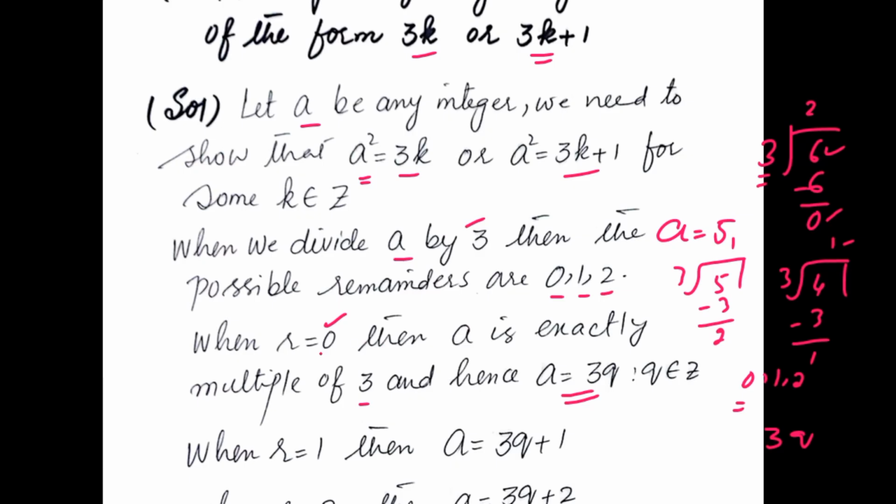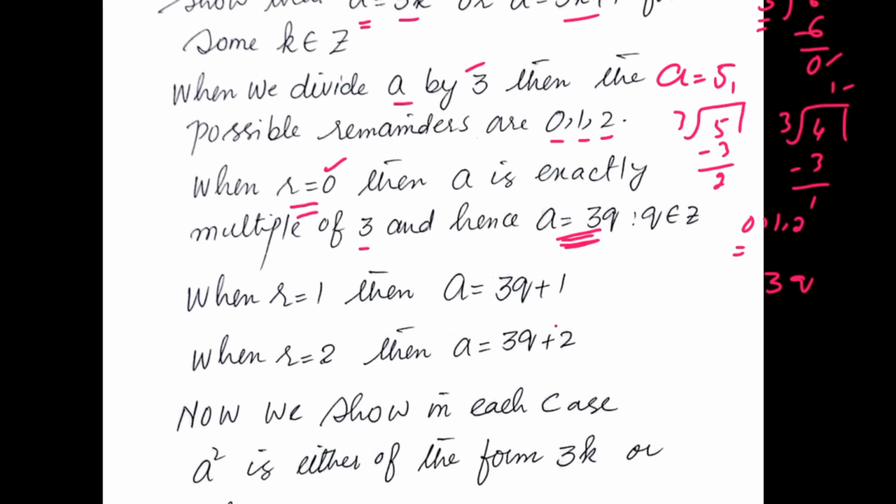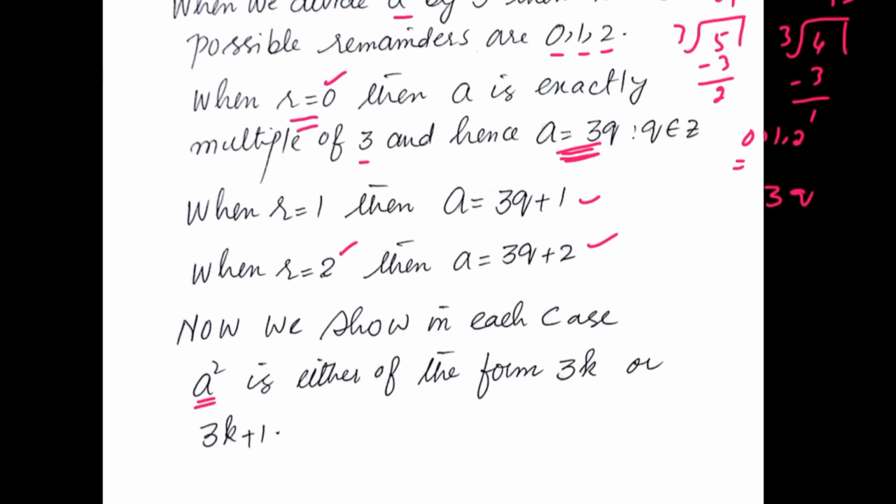So when your remainder r is 0, then a is exactly a multiple of 3, and hence it has the form a equal to 3q. Similarly, when your remainder r is equal to 1, then a has the form 3q plus 1. For r equal to 2, a is equal to 3q plus 2. Now we show that in each case, the square of a is either of the form 3k or 3k plus 1.